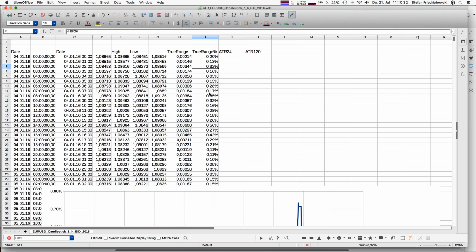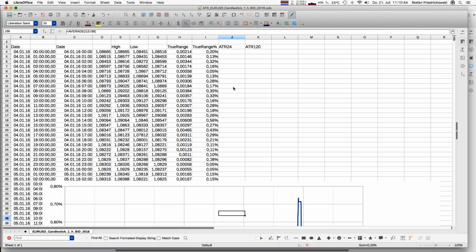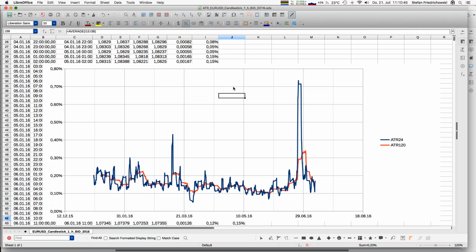So that is a percentage true range. That number tells us a lot, because it shows us the typical candle difference between high and low. And then what we do is, let me switch here first. I go a little bit downwards.